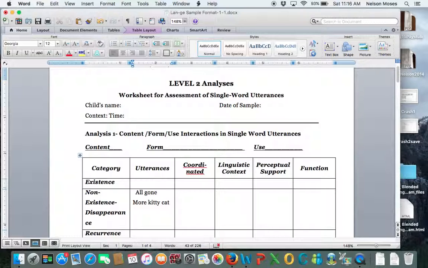It really implies no verb. There's no verb involved in these things, and no verb argument. You don't know if more kitty cat could be a subject, more kitty cats would be great to have, or a complement, I want more kitty cat. You don't know. Therefore, it's a level 2 utterance.